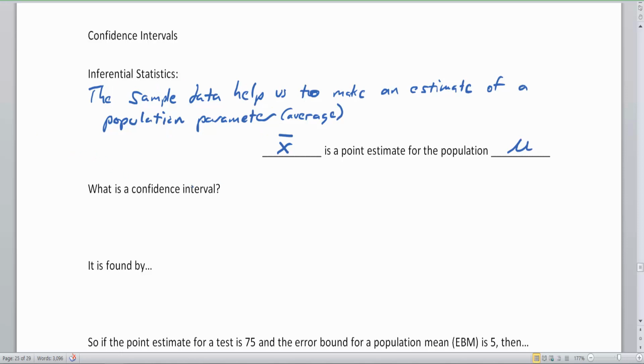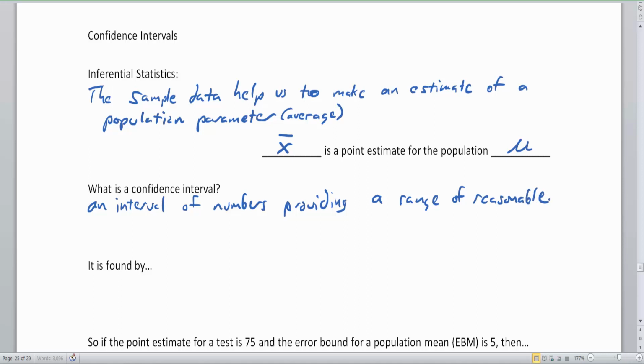Now, a confidence interval. This is an interval of numbers providing a range of reasonable values where we expect the parameter to fall.